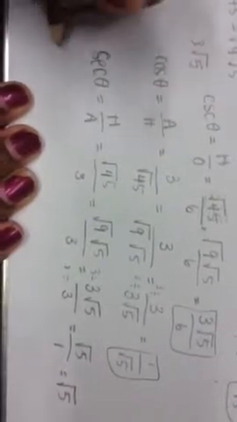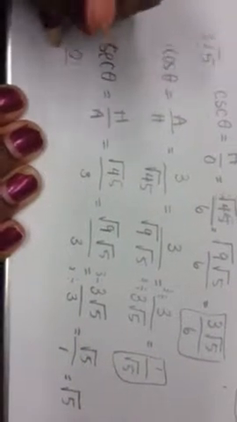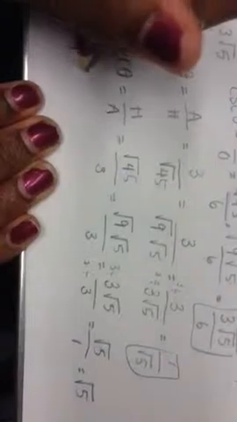You make that root 9 times root 5 over 3, or 3 times root 5 over 3, and if you divide them both by 3, you get root 5 over 1, so this can just be simplified to root 5.